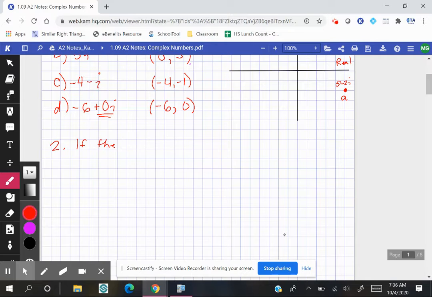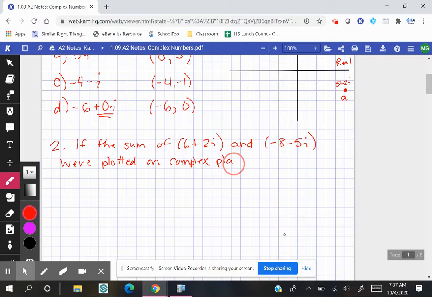If the sum of 6 plus 2i and -8 minus 5i were plotted on the complex plane, in which quadrant would it fall?